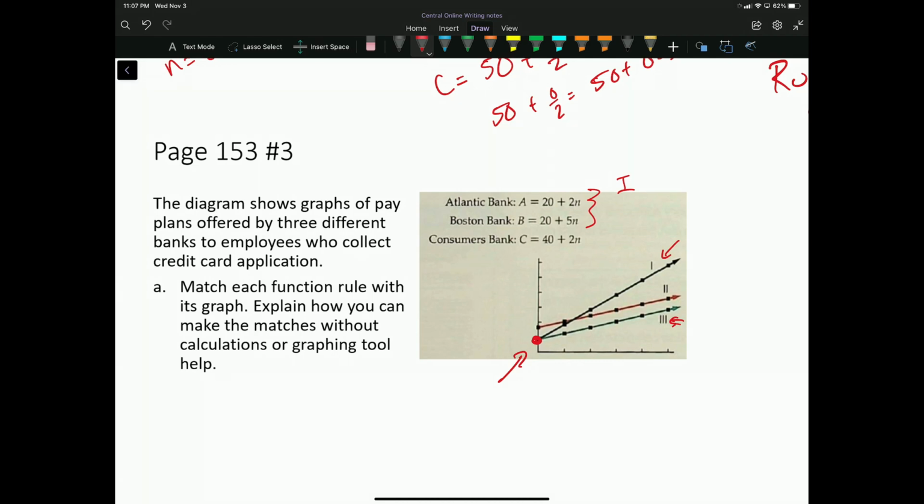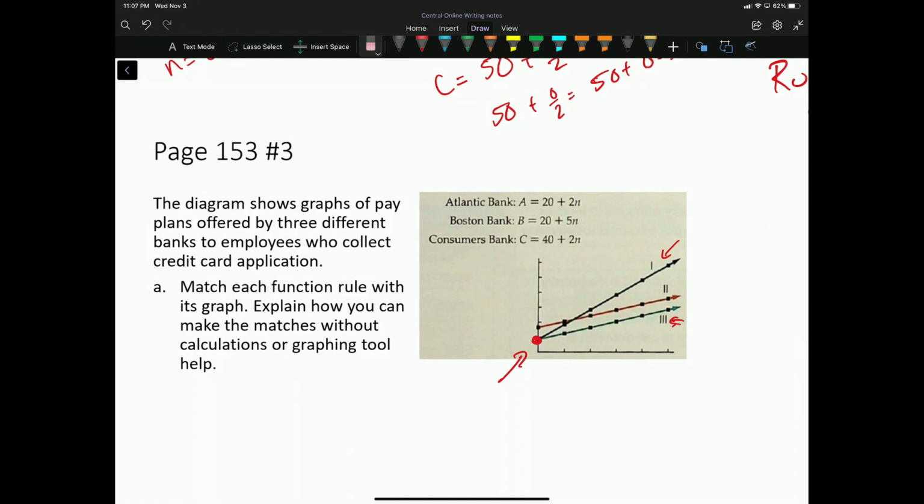What we need to do now is look at the next part. The next part tells you how much you make per sale after that. So with Atlantic, my increase is $2. So I'm making $2 per sale. And if you go to the Boston Bank, you'd be making $5 per sale. So you're going to be making more per sale.